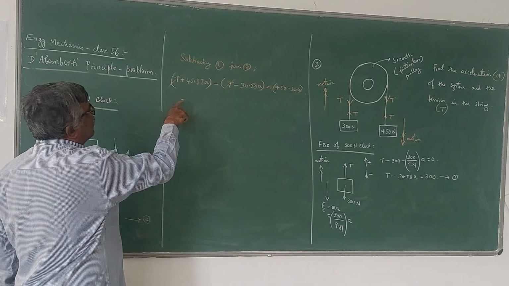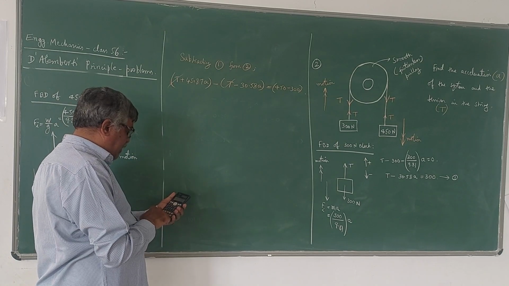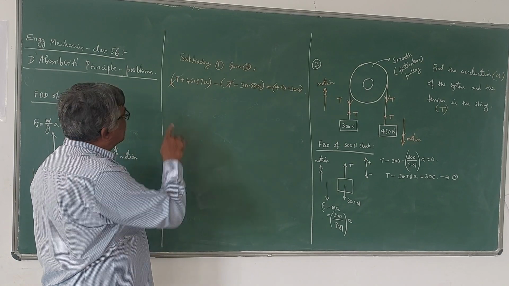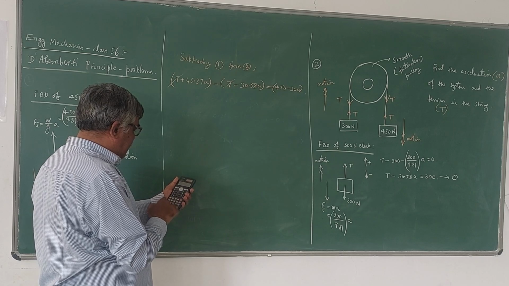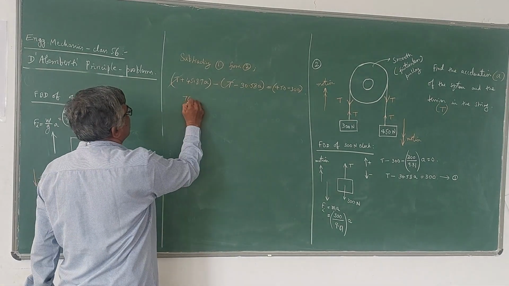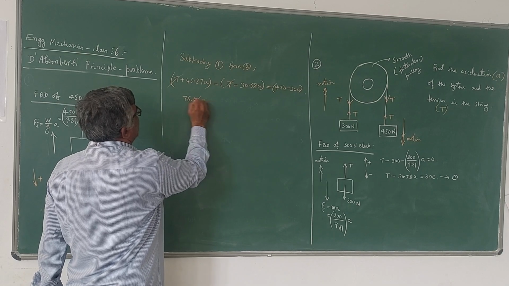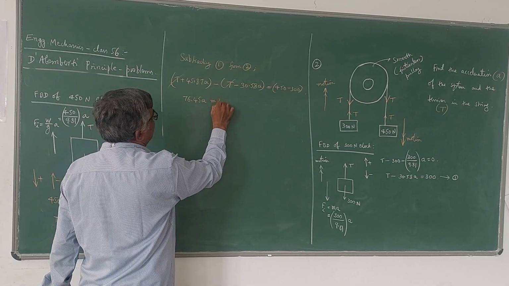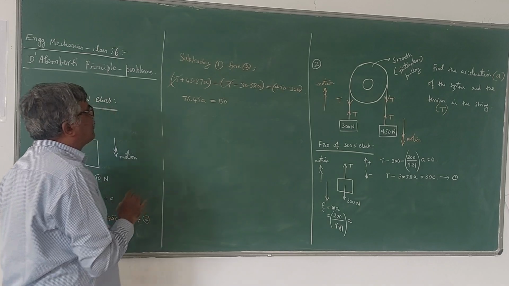So the remaining thing we are going to get is 45.87 plus, minus into minus becomes plus, 30.58, which is 76.45 times A, will be equal to 150. 450 minus 300 is 150.